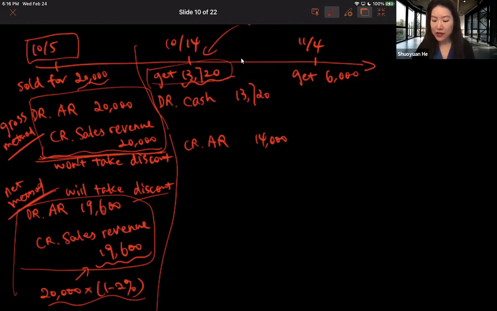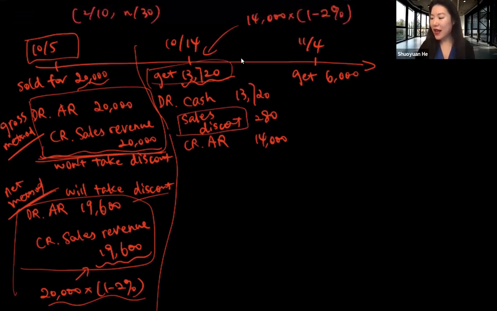And then the difference, which is called sales discount, $280. And this sales discount is an income statement account. It is the contra account to my sales revenue account. So this is how we do it. We assume the customer won't take the discount.